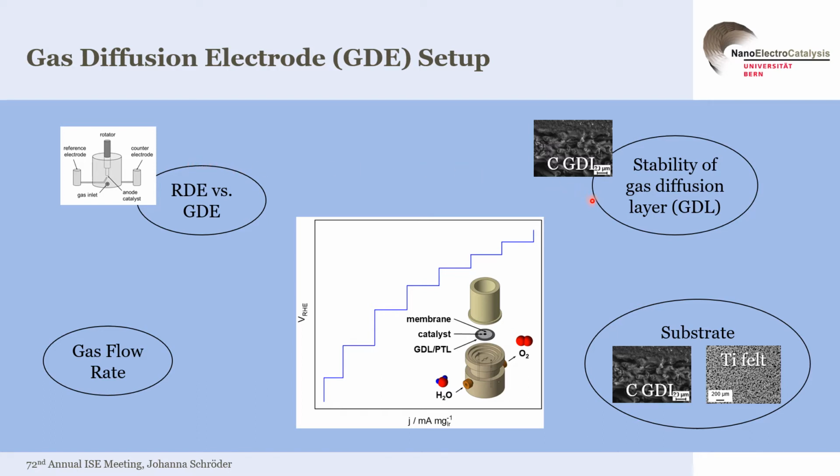At the third point, I will talk about the stability of the carbon-based gas diffusion layer that we are using for testing. And the last point, I will compare the performance results obtained with this carbon gas diffusion layer with the titanium felt that is regularly used for electrolyzers.